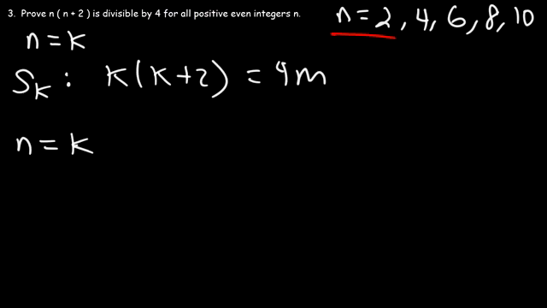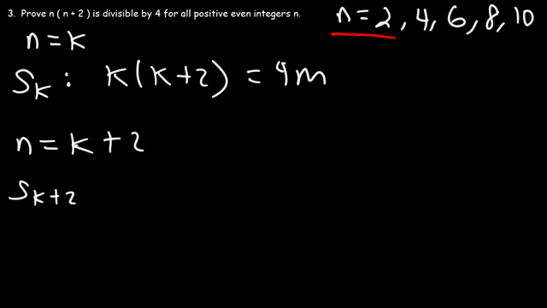It's not going to be k plus 1, because notice that we're dealing with even integers and they differ by 2. So instead of making n k plus 1 for this example, it has to be k plus 2 for the next step, because the next term is 2 units higher than the previous term. So s sub k plus 2 is going to be associated with this expression.